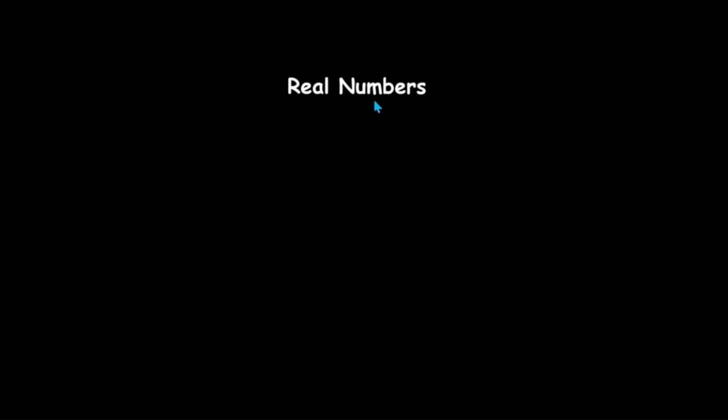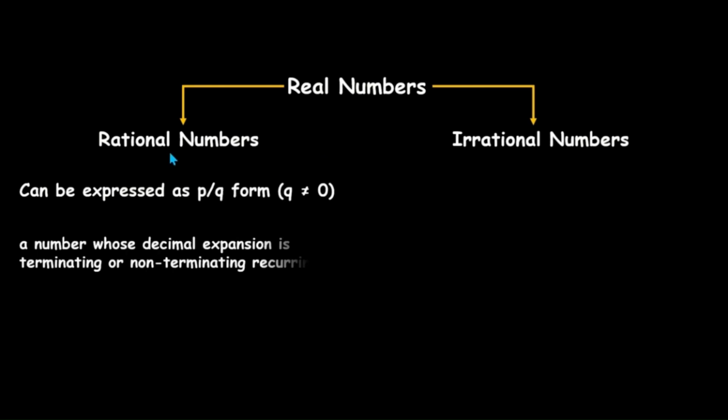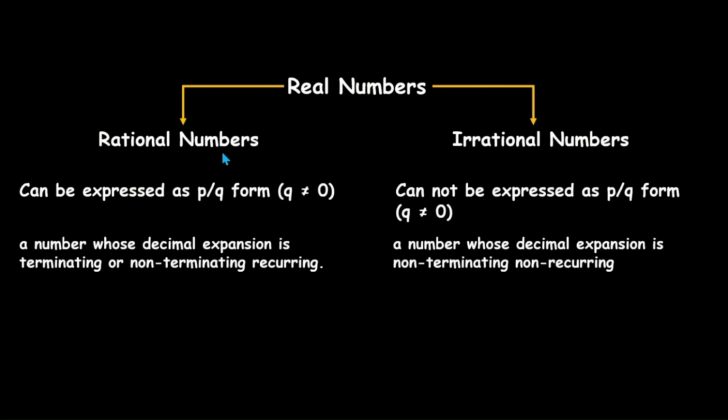Real numbers are the main topic of study in this chapter, and real numbers are made up of two types of numbers, rational numbers and irrational numbers. So rational numbers and irrational numbers put together make up real numbers. So what are rational numbers?